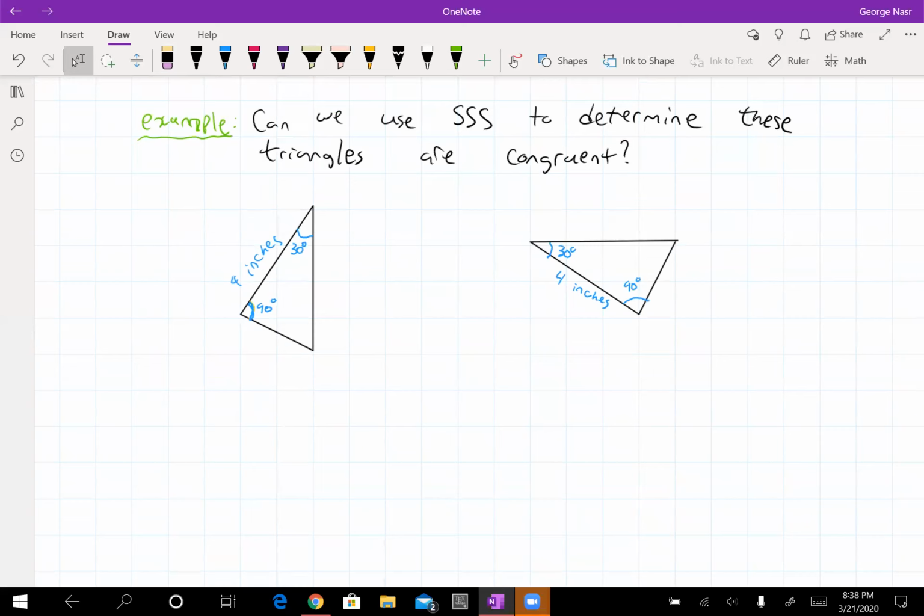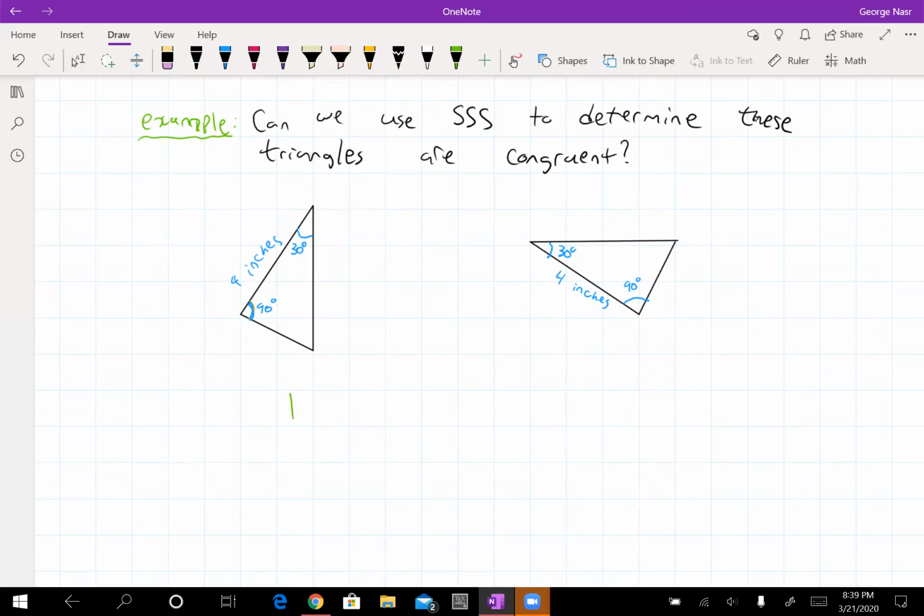So can we use side, side, side to determine that these triangles are congruent? So what do I need to do side, side, side? I need 3 side lengths. And in this picture, I've only drawn for us 1 side length.